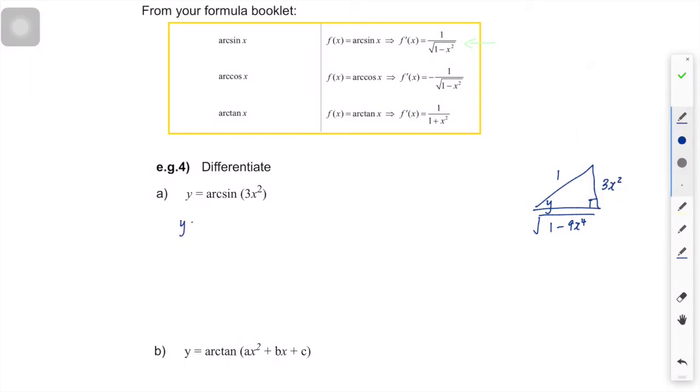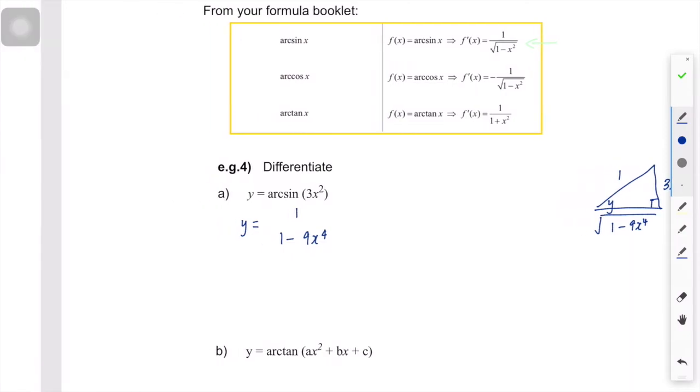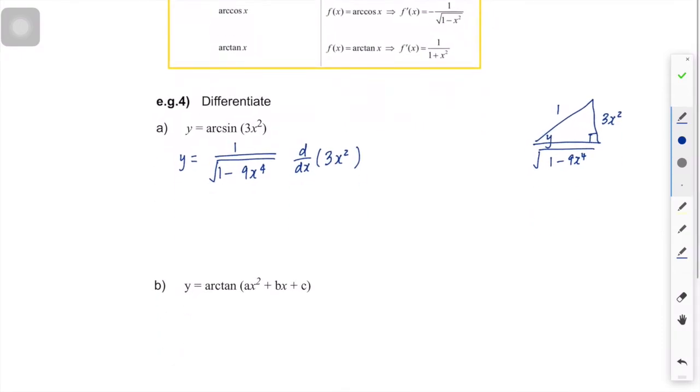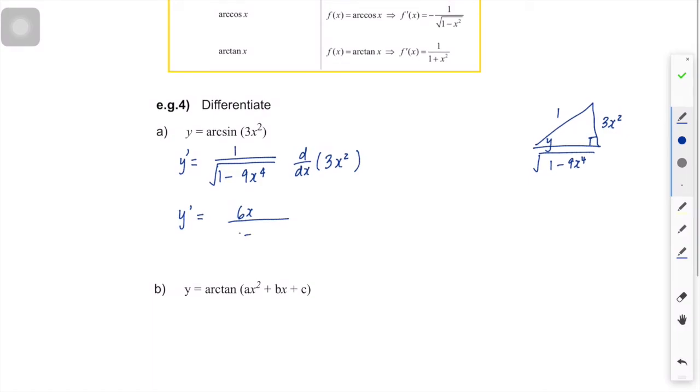So we know that now the derivative of y will look like 1 over square root of 1 minus 9x to the power of 4. And then, don't forget, we need to take the derivative of the function 3x squared using the chain rule. Putting that together, we have y prime equals 6x over square root of 1 minus 9x to the power of 4.